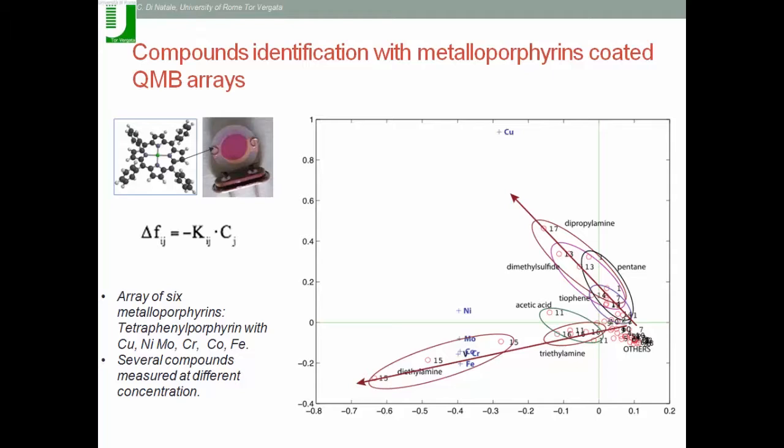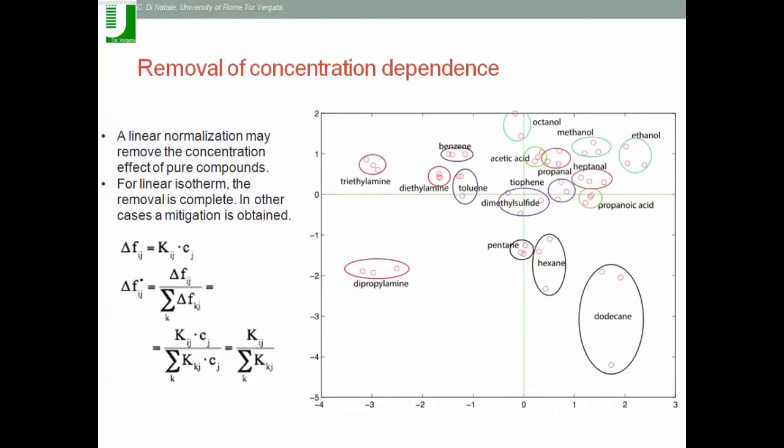There is a very simple way to observe this, because if this is linear, we can remove the concentration in an array simply by dividing the response of each sensor by the sum of the responses of the other sensors. This means that since the correlation is common to each sensor, we can remove the concentration. Then instead of using the data of the sensor, we use reduced data.